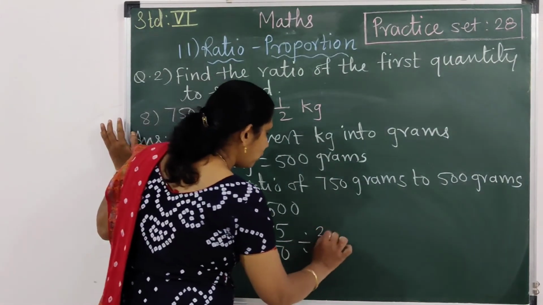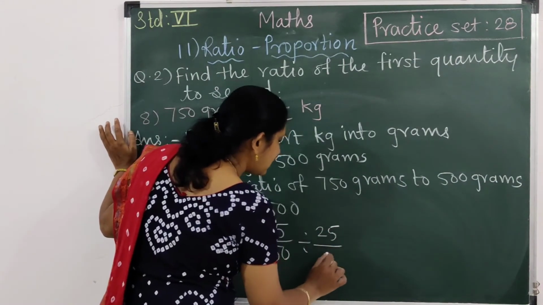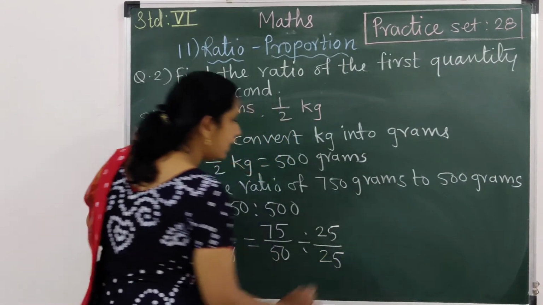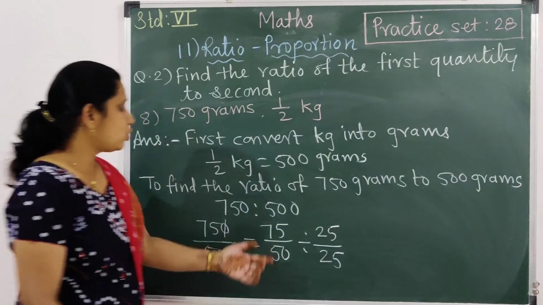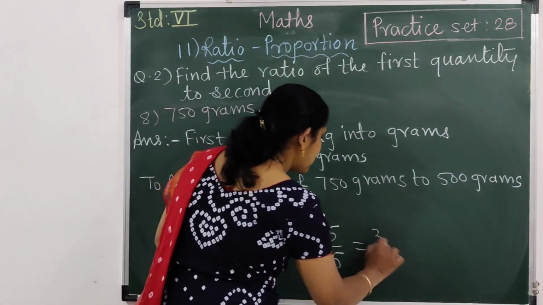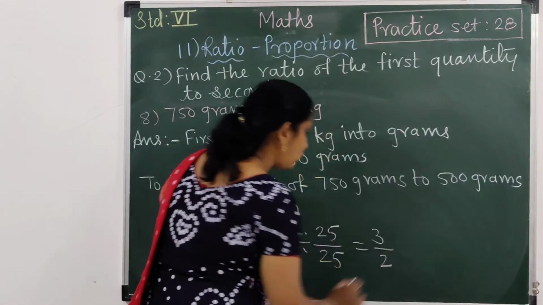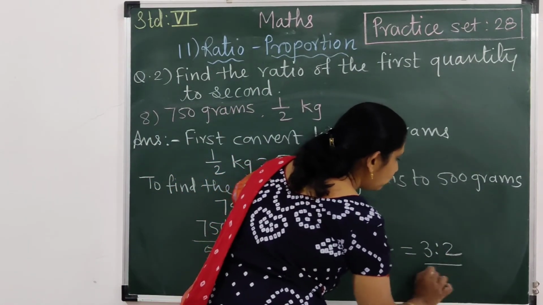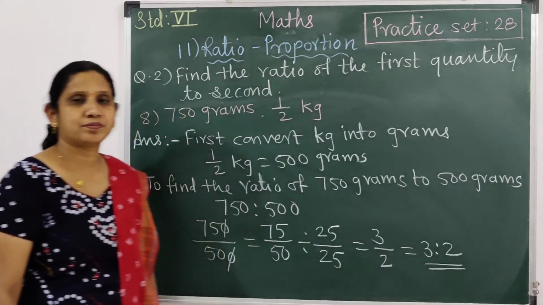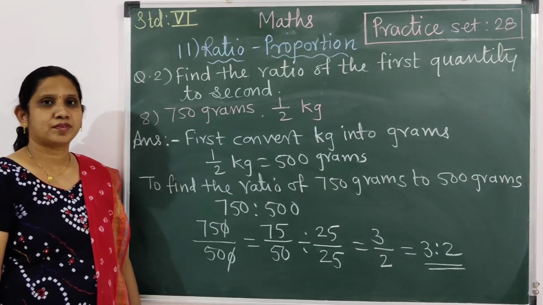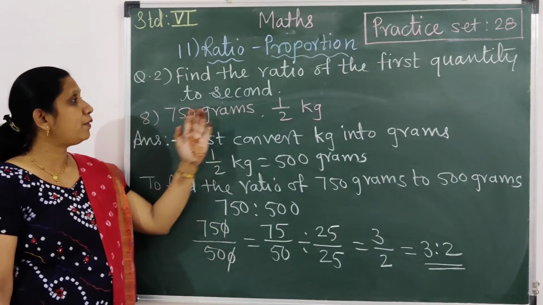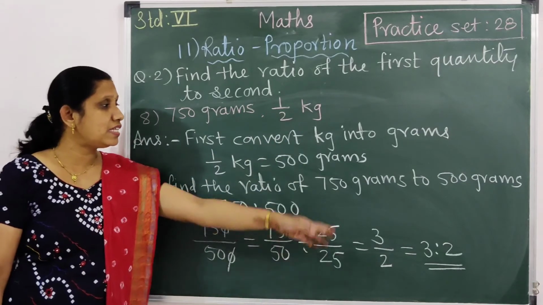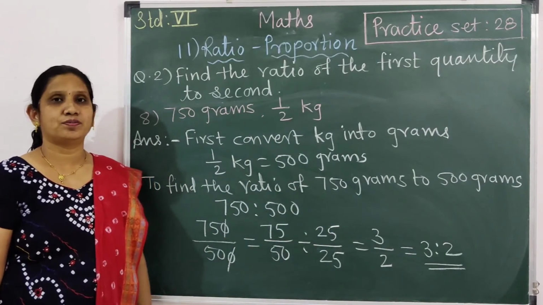So divide in the numerator by 25 as well as in the denominator also by 25. So 25 3s are 75 and 25 2s are 50. So our answer is 3:2. So the ratio of 750 grams to half kg is 3:2.